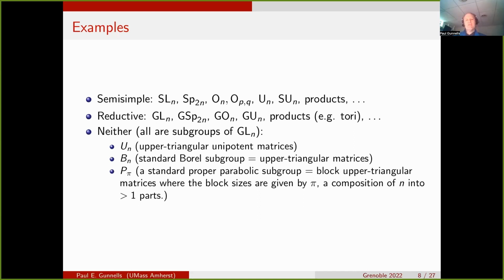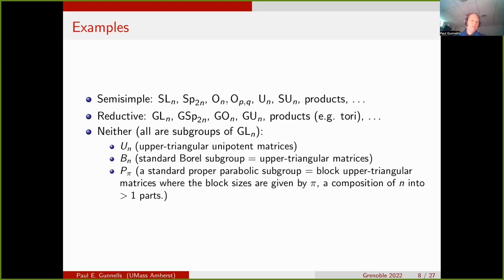And next we have the other U_n, the unitary group and special unitary group. So these are the matrices acting on a complex vector space that preserve a non-degenerate Hermitian form. And then finally we have the determinant one versions of those for SU_n.